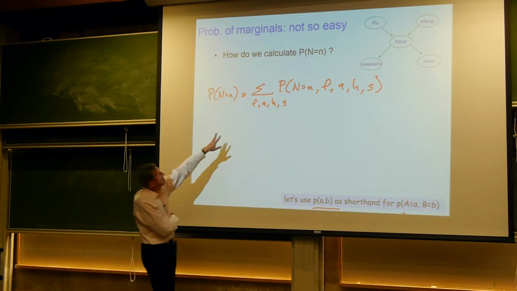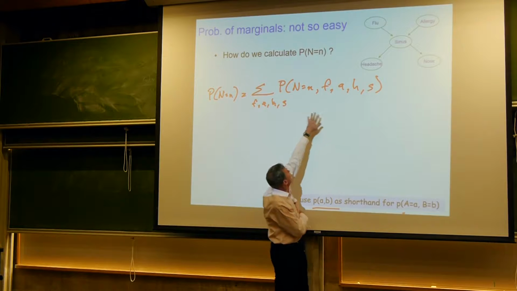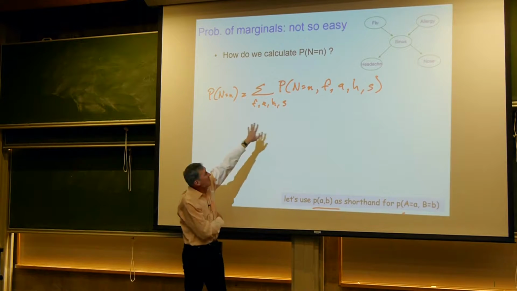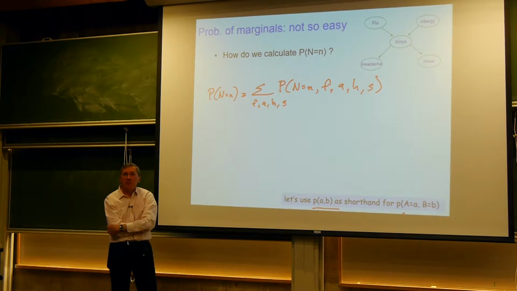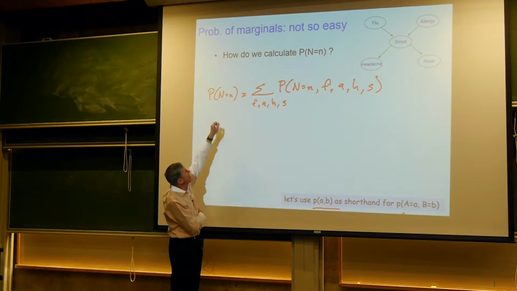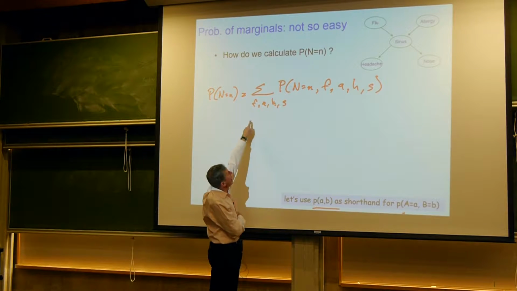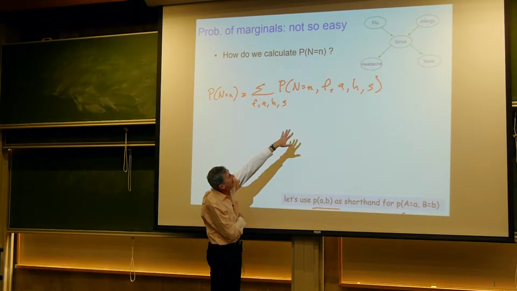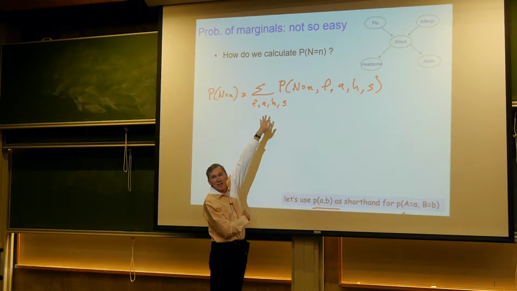So I have to sum over all the possible values for f, a, h, and s, but I wouldn't have to sum over the different n's because I'm only interested in the cases in the joint distribution where I get this assignment. And so here you can see, if I have n variables, then I'm summing over n minus 1 of those in all possible values.